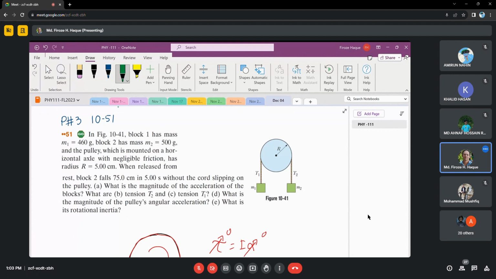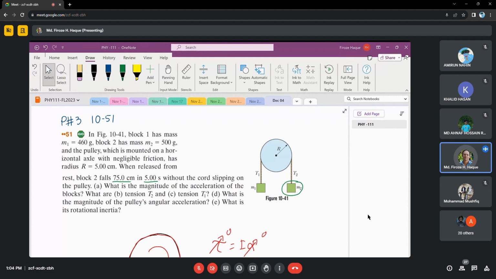And here what is given is that block 2, this one, is released, and then it falls 75 centimeters in 0.5 seconds, right? So if that is given, can I find out its acceleration? Yes. Are you listening?